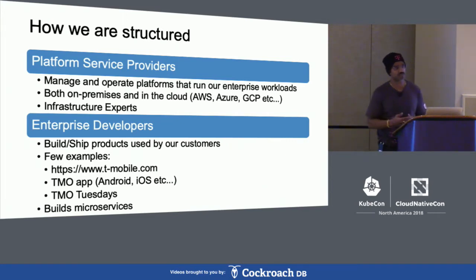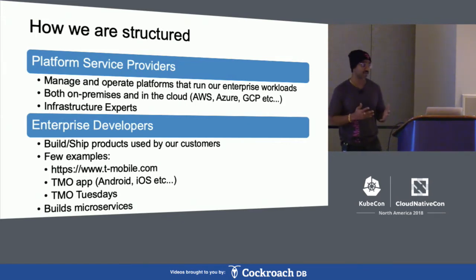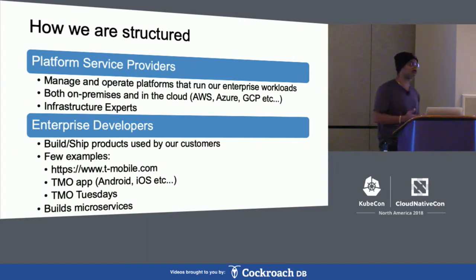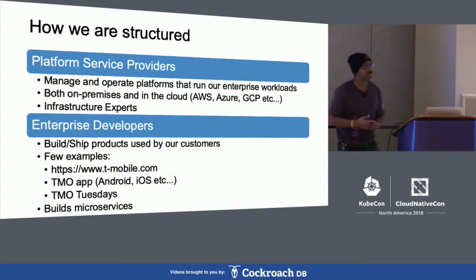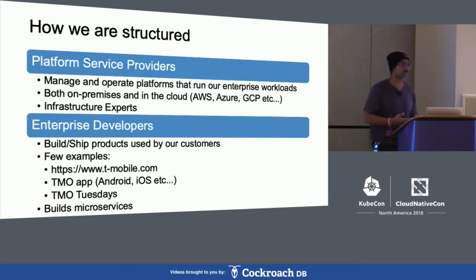We run pretty much our work on all three clouds for a variety of reasons, which I won't go too deep into. The second category is what I call enterprise developers. They build and ship products that are used by our customers.